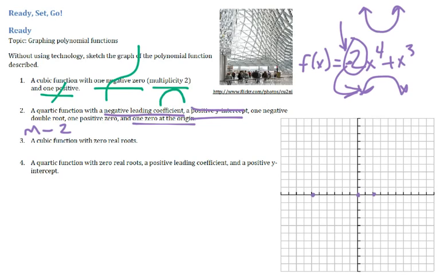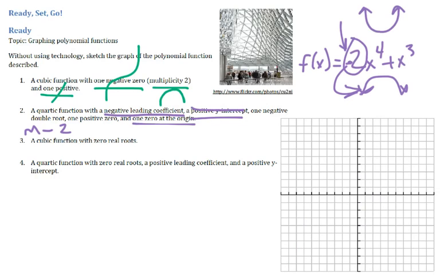So I know from this end and this end it's going down. I know this one's a multiplicity, so it's going to bounce, come back through, something like that. Okay, now obviously these aren't the best, but you know, we're just kind of going with basic shapes here. Just basic shapes.